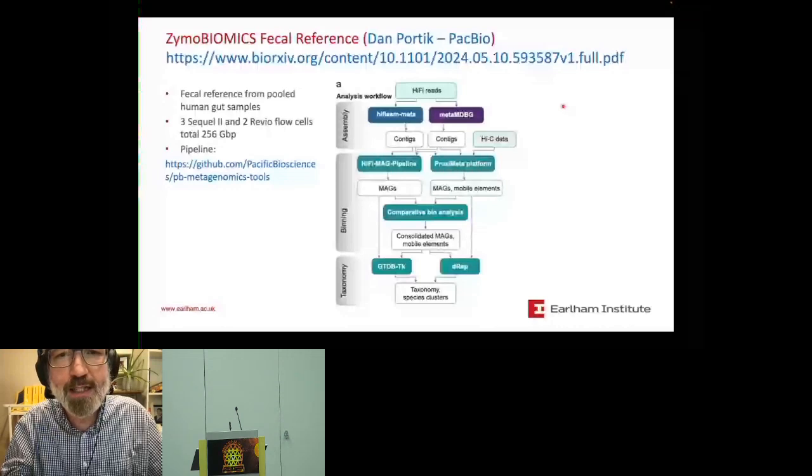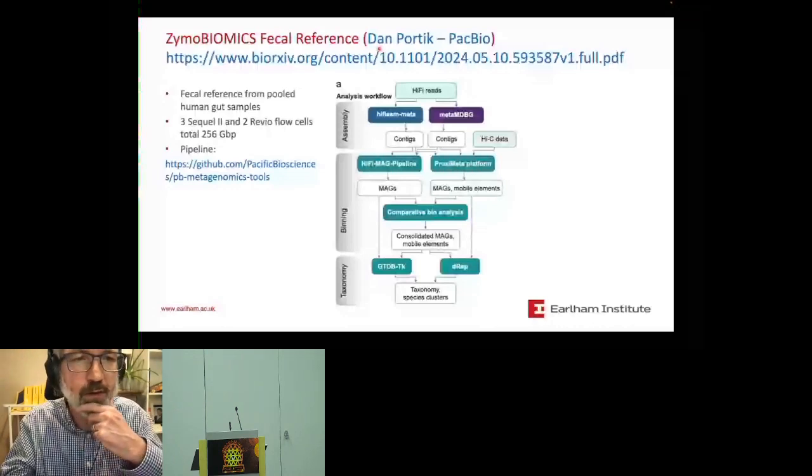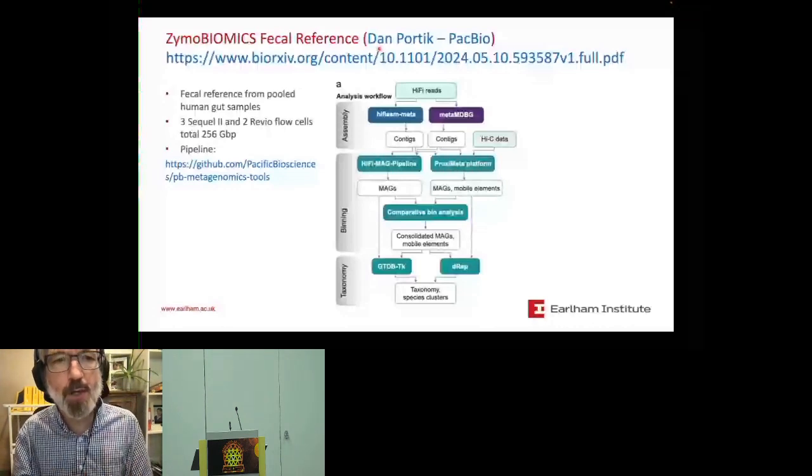So metaMDBG was picked up by PacBio themselves, their bioinformatician there, Dan Portik, and he's used it in this recent study that's just appeared on the archive, and I think it's under review with Genome Biology. And there he sequenced the ZymoBIOMICS reference standard.